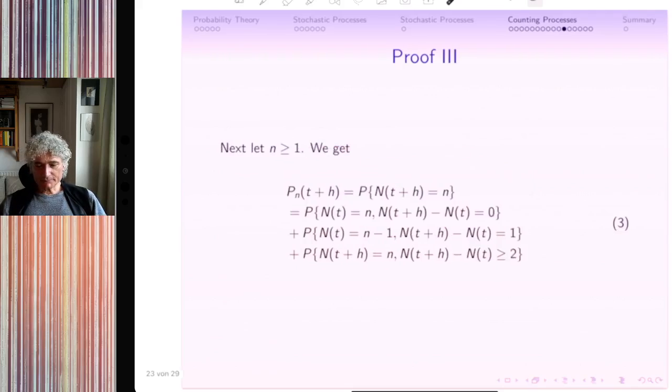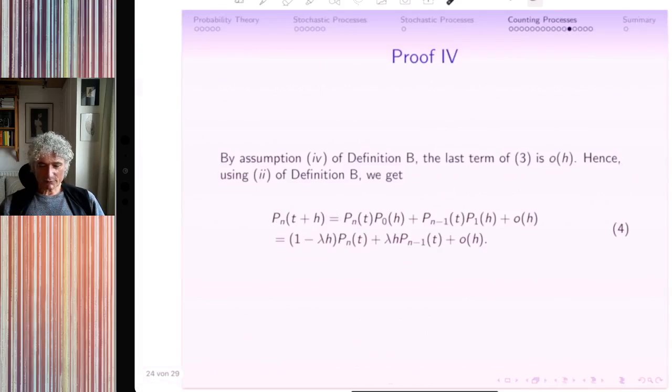And then, of course, we go to higher event counting, so we look at P_n of t now. We have the same idea again to construct a difference quotient. So we have to get a formula for P_n of t plus h, of course.